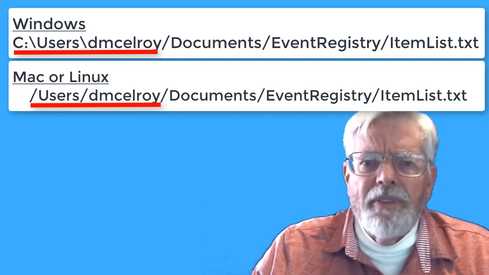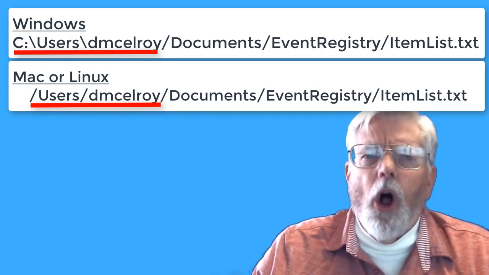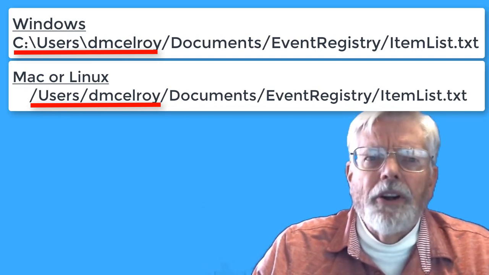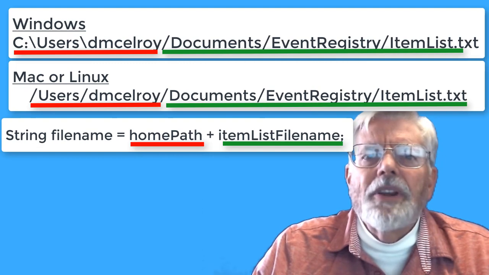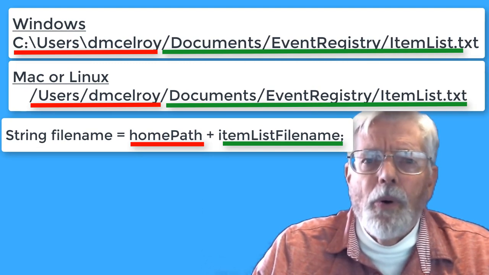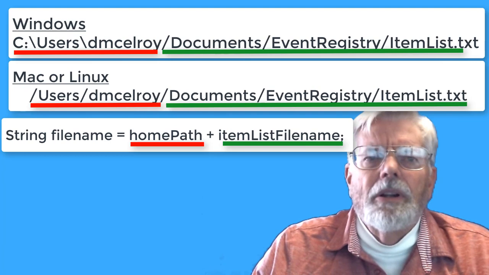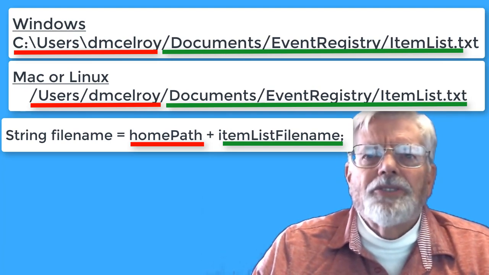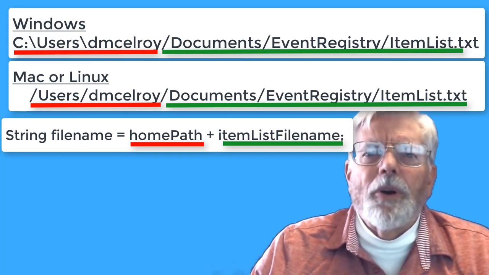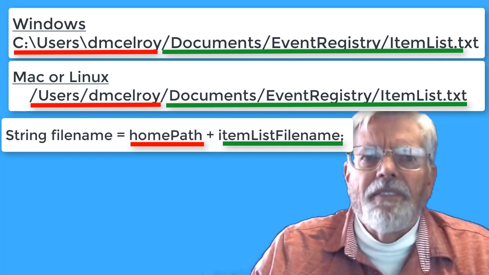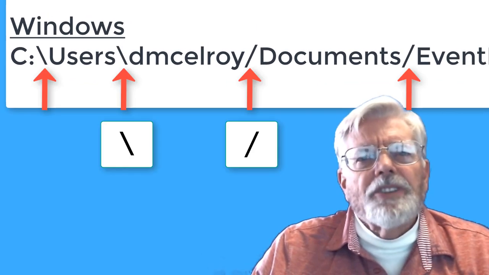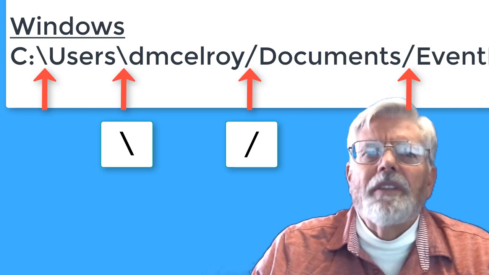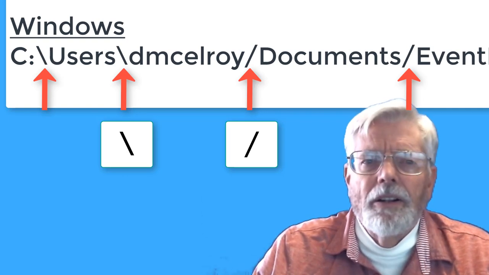Once I have retrieved the path from my home directory, all I need to do is use the plus string concatenation operator to add the string from item list file name declared at the top of the program that is set to "/documents/event registry/itemlist.txt" to the end of my home directory to get the fully qualified file name. The forward slash and backslash can be used interchangeably on a Windows system when defining the path name for a file.